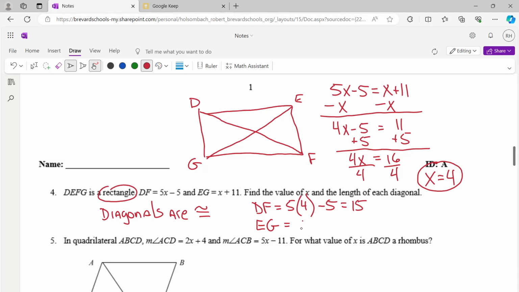Wait a minute here. Something doesn't look right. Oh, I'm sorry. X is equal to 4. So EG is equal to 4 plus 11, and 4 plus 11 is 15 as well. So there's your value of x and the length of each diagonal.